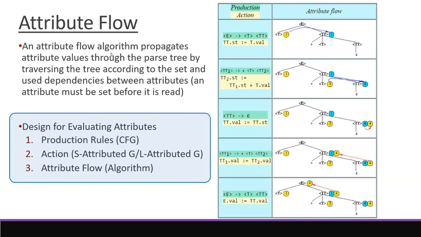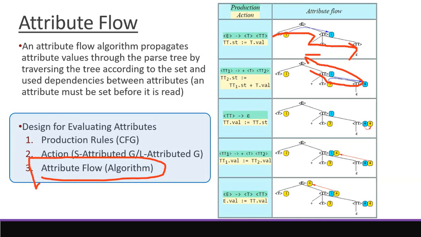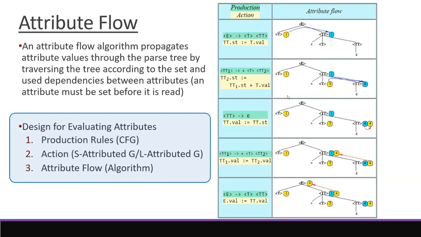So the attribute flow algorithm propagates attribute value. Your propagation of the value is going from left to right, and then subtotal going back to expression eventually. So this is called attribute flow, and this one apparently is for L attributes.